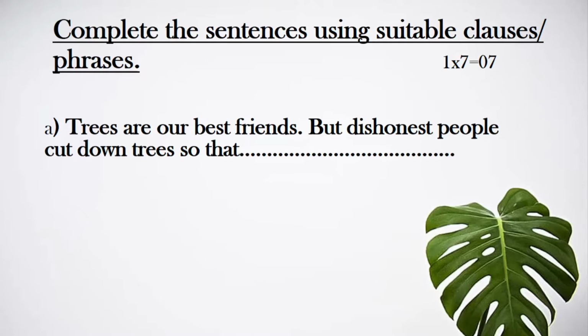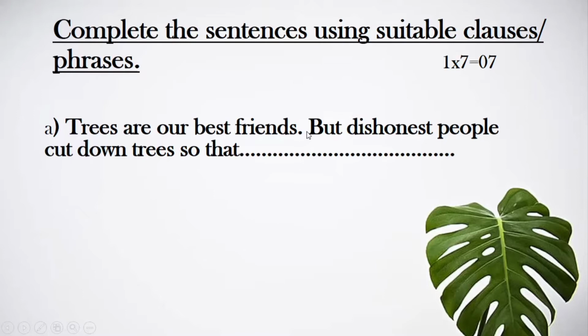And here, first we have one sentence: trees are our best friends. And as I told you, this is the sentence which is giving you the clue about what we are going to talk in the next sentence. Trees are our best friends. That means we have to talk about trees over here, as they are considered our best friends.